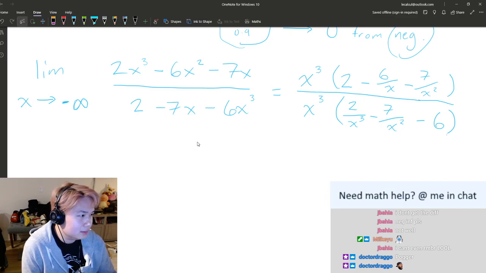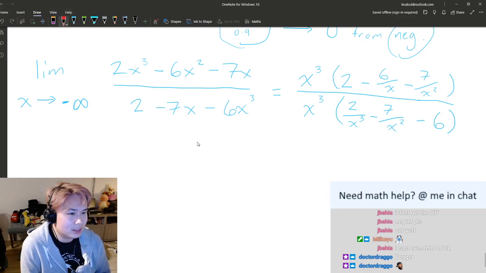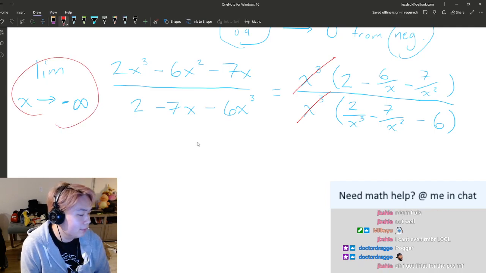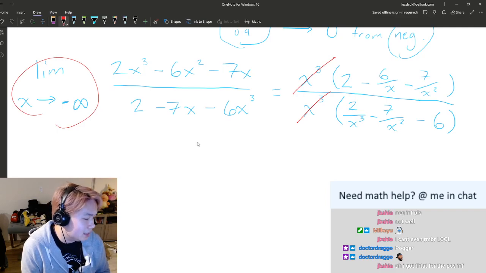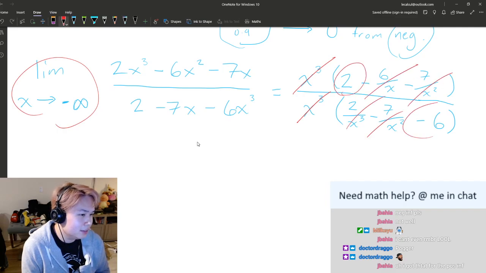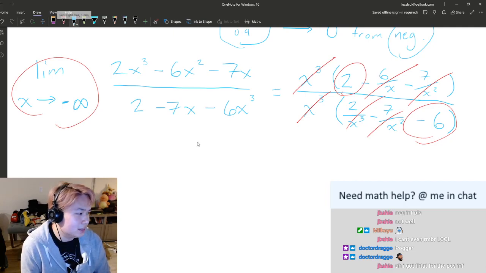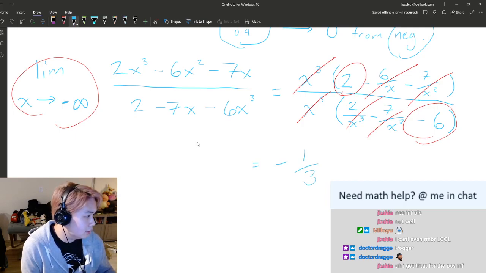Wait, there's nothing tricky about this one. Don't these just cancel out? And then you can evaluate the limit. Did it say it was wrong? Because then these cancel out, and you're just left with 2 over negative 6, which reduces to negative 1/3. It might be the same.